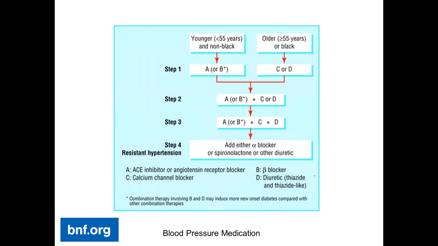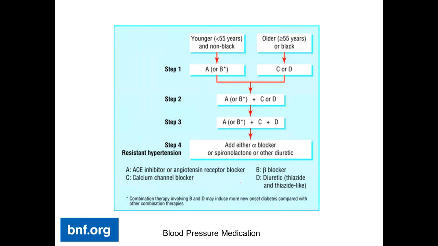So a comprehensive blood pressure medication seen here in resistant hypertension is to give a combination of all of these. Why? Because what you're doing is you're influencing all of the different components of blood pressure. You're influencing cardiac output, peripheral resistance, and blood volume using these drugs.